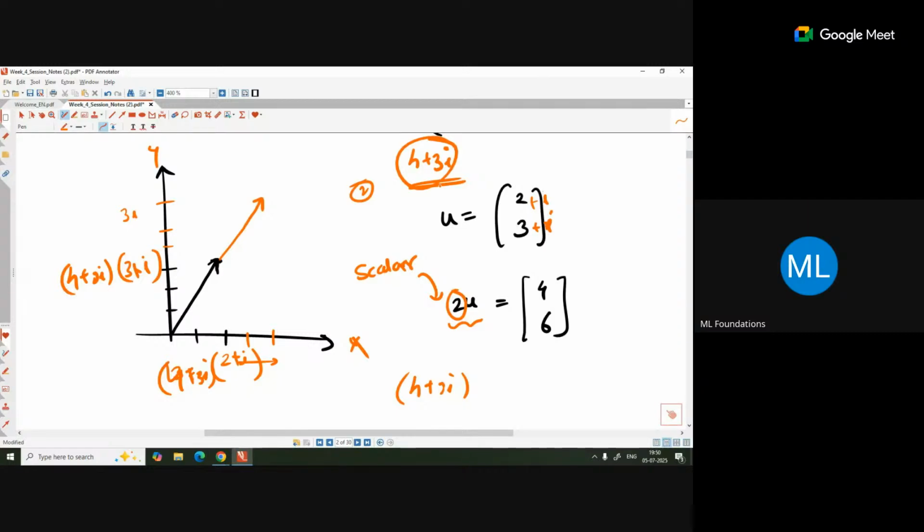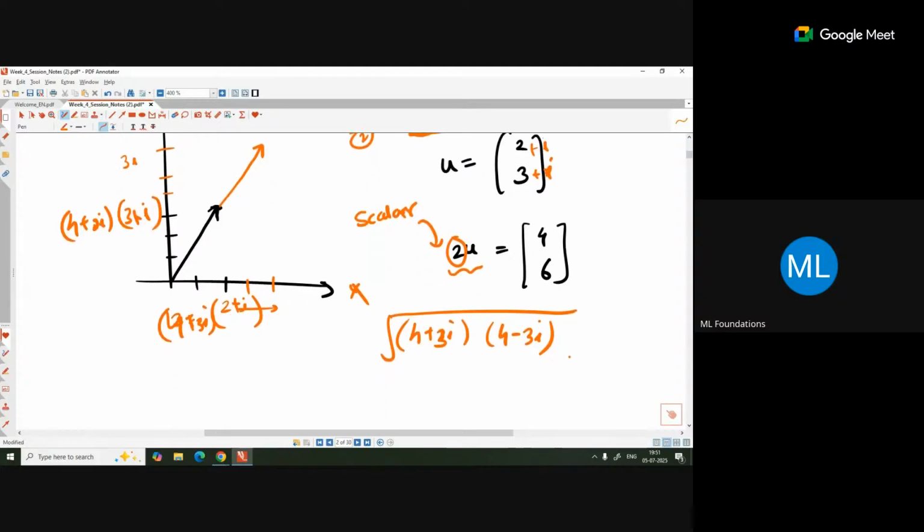Length means, again I will say, magnitude only. We will have to multiply with its conjugate, and again you will have to take the square root of it. So that will be 16 plus 9, basically a squared plus b squared, the square root of 25, which is 5.